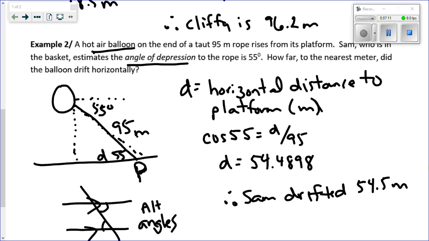Okay. Now, you could have solved for this as well. And in fact, that's actually what I did in my solutions. I did 90 minus 55, gave me 35, and then I did sine of 35 and solve for that. And it'll give you the same answer.